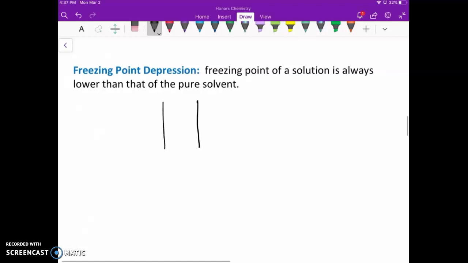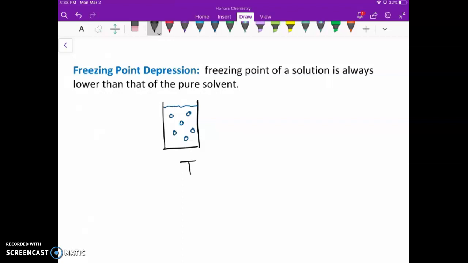If I have water with some sugar added to it, that water is going to freeze at a little bit lower temperature. The solute particles get in the way of freezing, and that brings my freezing point below 0 Celsius.